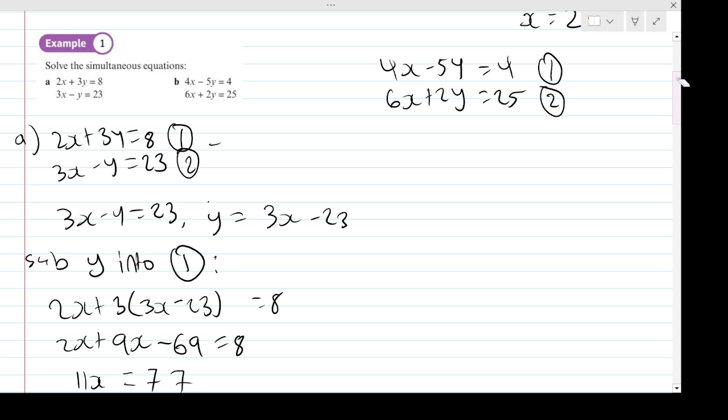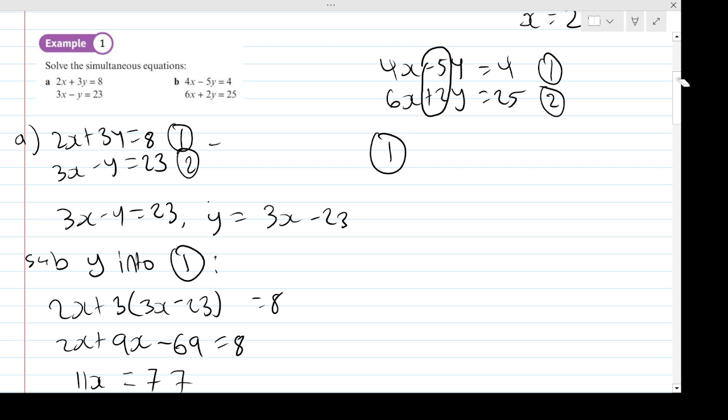So what I need to do is scale both equations by considering the coefficient of y, because y is what I'm choosing to eliminate. I need to make these numbers match. I need to times minus 5 by something and 2 by something to make them match. And that's when you consider the lowest common multiple, right? 5 times 2, 10. So that's what we're going to do.